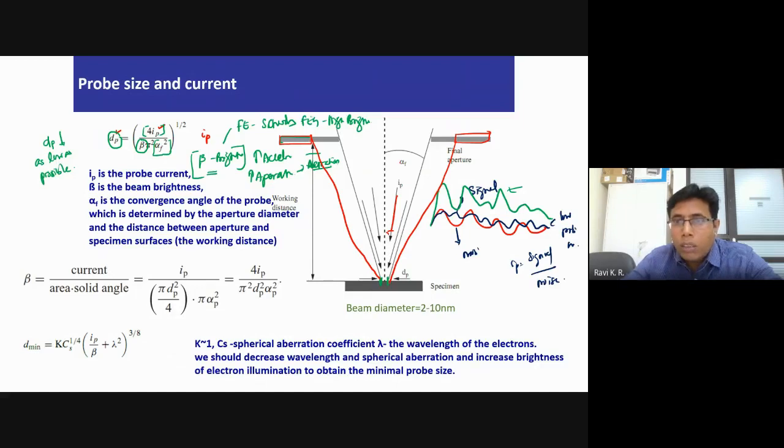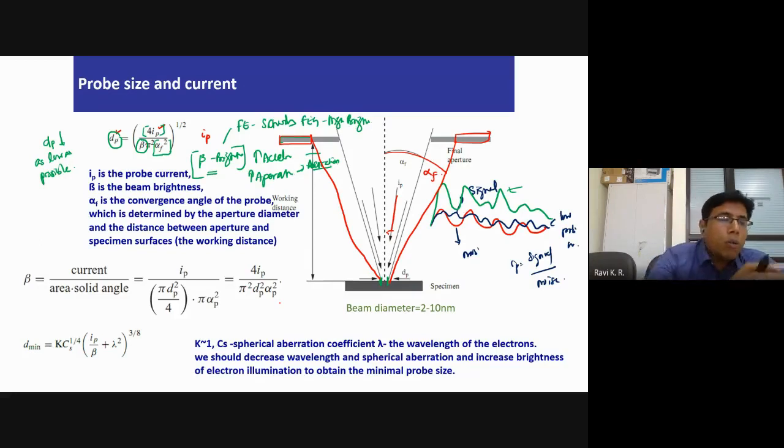So this angle is going to increase. This will be your angle. But increasing this is going to have an impact on your aberrations, and again on the beam diameter. So we don't want that. These are all complex phenomena.